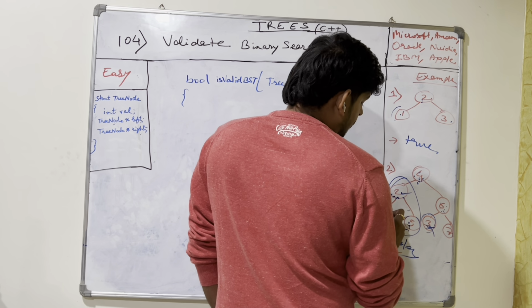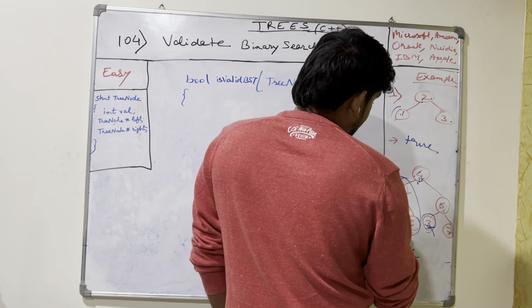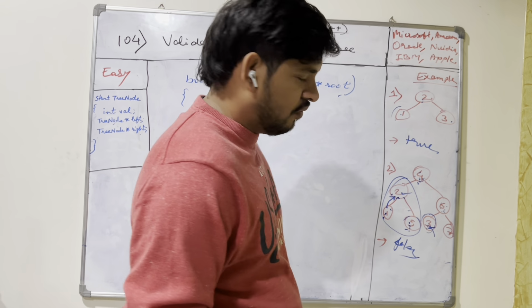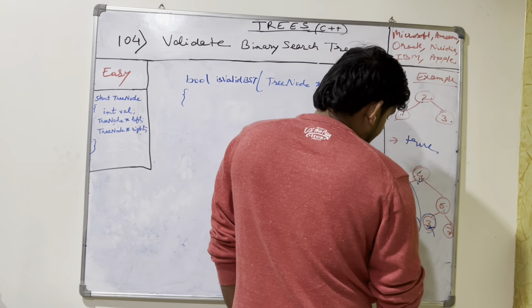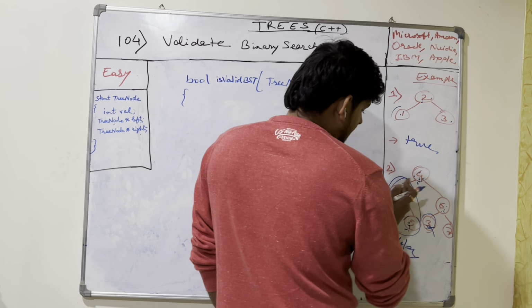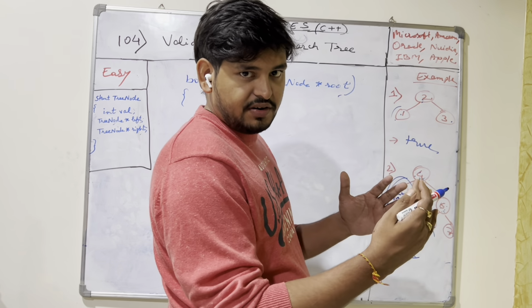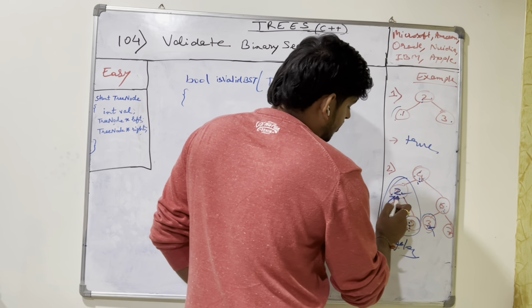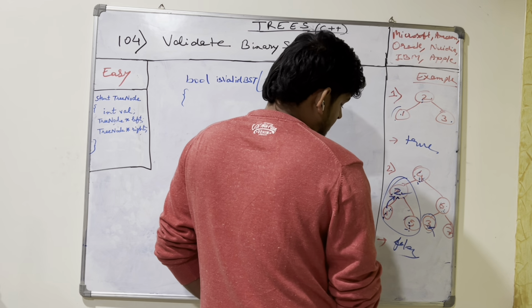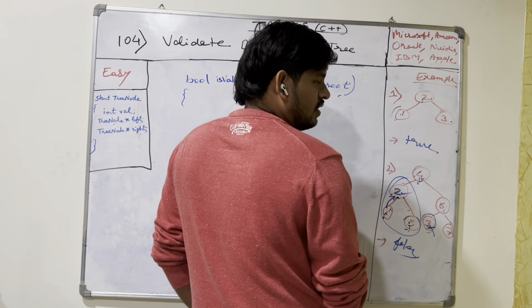So for 1, what is the max element that 1 could be? It has to be less than 2, just the next upper part of it, from the root, because anything which is below this, we don't know the child's value.